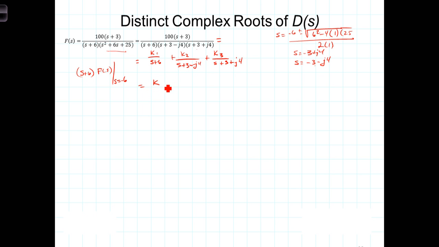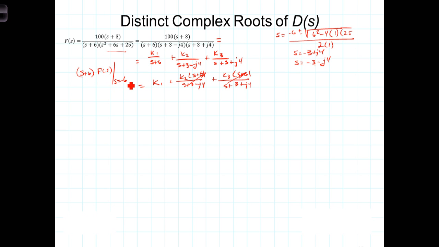Now here we're going to have plus k2 times s plus 6 over s plus 3 minus j4. Here we'll have plus k3 times s plus 6 over s plus 3 plus j4. Now when we evaluate both of these two terms at s equals negative 6, those terms go to 0. And we're left with s plus 6 times F(s) evaluated at s equals negative 6.